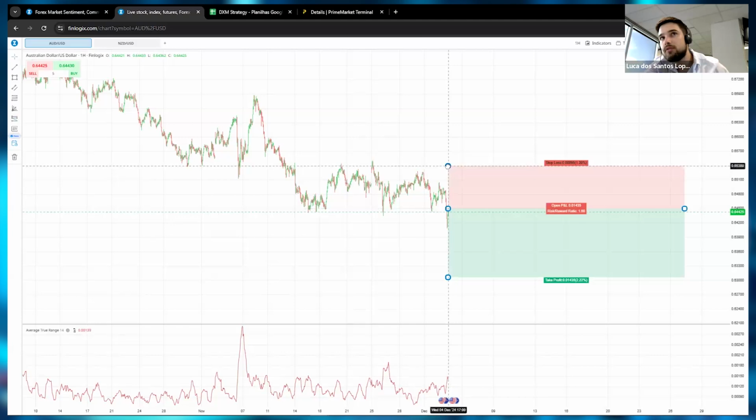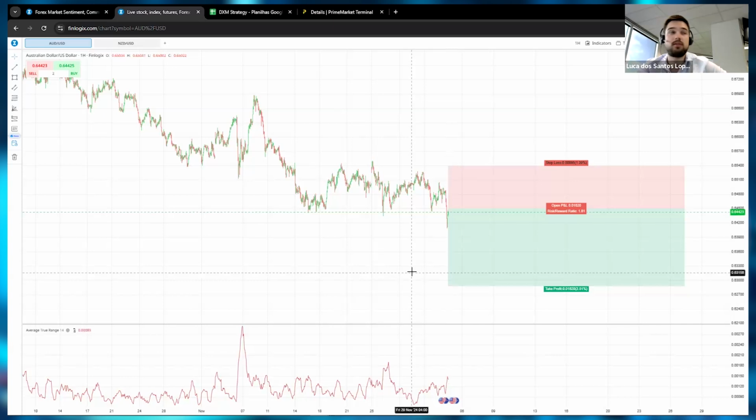I'll go for 900, just because it's 90 pips, really on the top of here. So yeah, we can go for 900 and then 128. Okay. Yeah, I think that's a good trade.